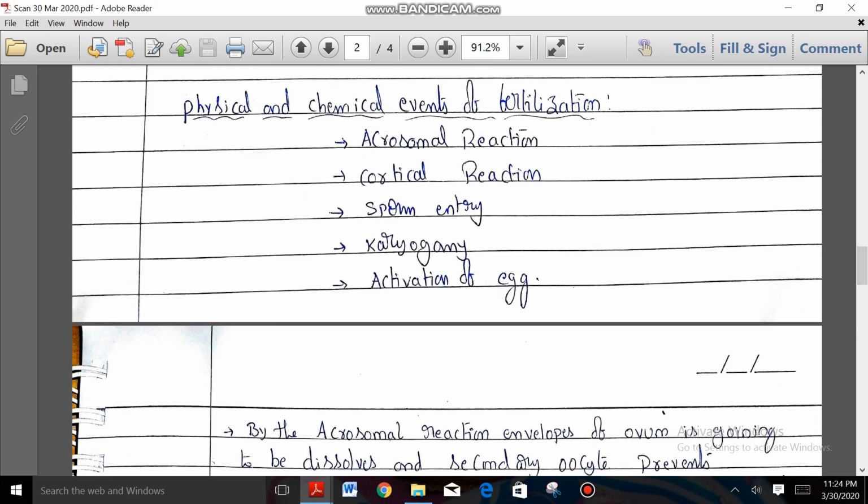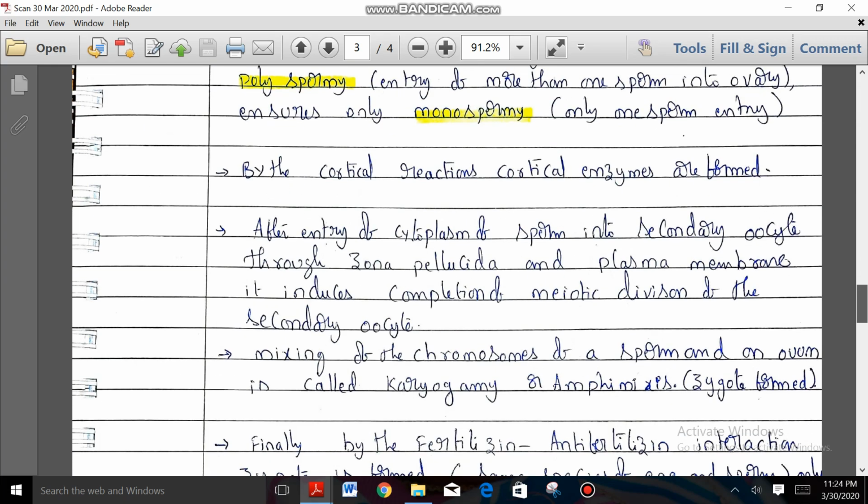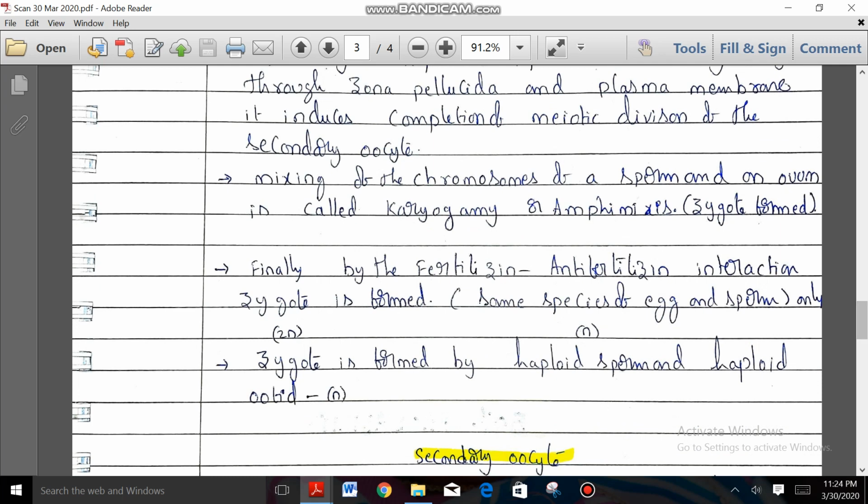So what is the next step? After sperm entry, karyogamy takes place. What is karyogamy? The fusion of chromosome material of sperm and ovum is called karyogamy, also called amphimixis.